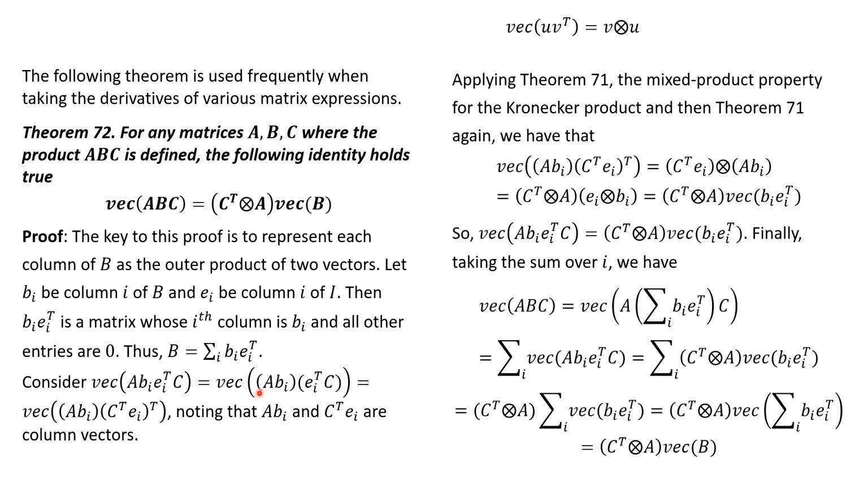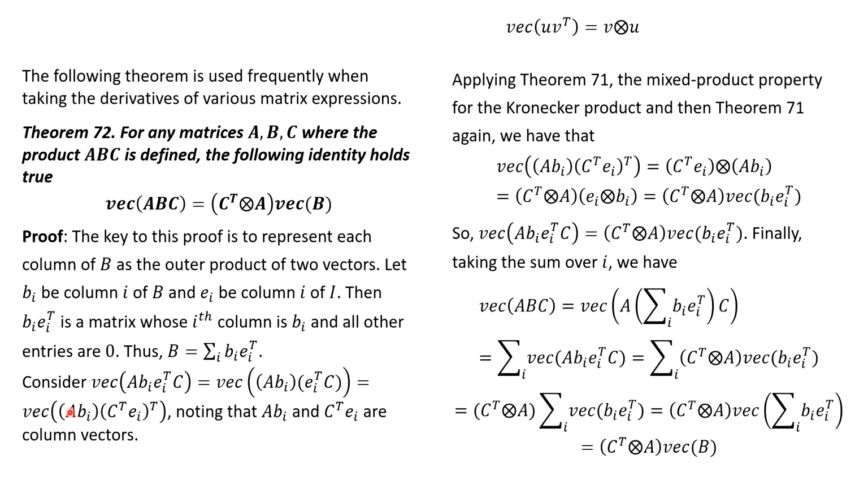So going from here to here, I just grouped the first two terms and the last two. That's the associative law. And then I took this and wrote it this way. The transpose of this is E sub i transpose times the transpose of the transpose of C, which is C. So this equals this.